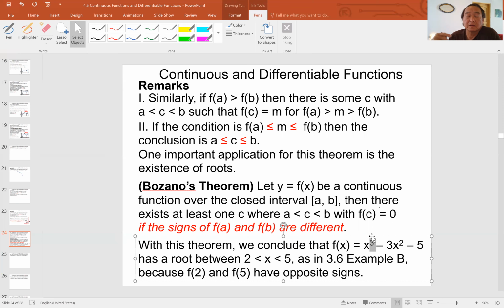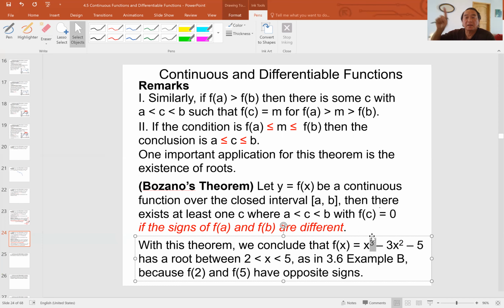You can easily establish that. On the other hand, if I plug in a very large negative number, like minus 5 or minus 100, the output is going to be negative. So the graph must travel from the negative points to the positive points on top.